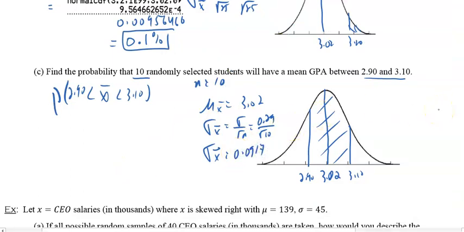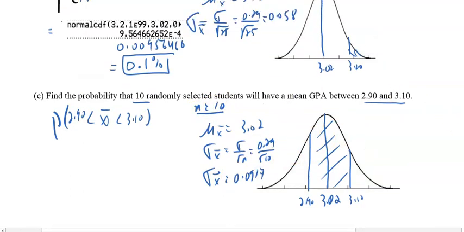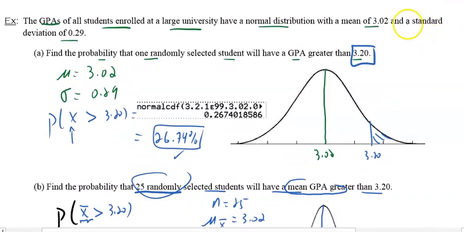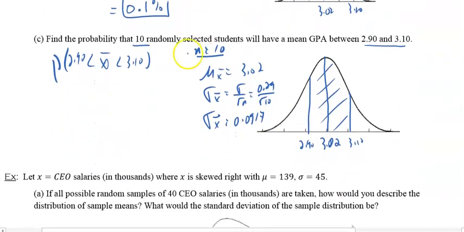All right. So even though n is 10, here I don't have to worry much because they told me that the population is normally distributed. Otherwise, I wouldn't be able to do this because n is not bigger than or equal to 30.